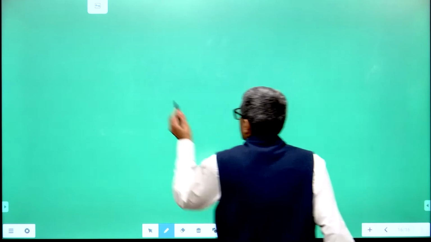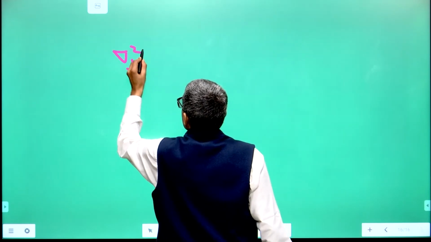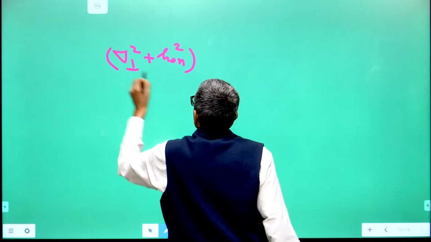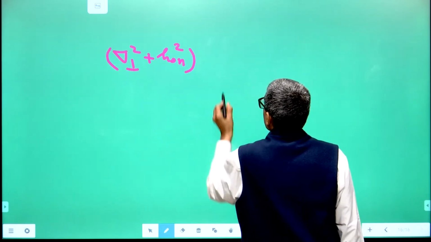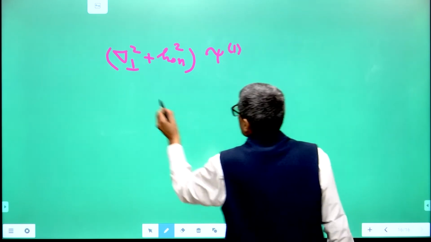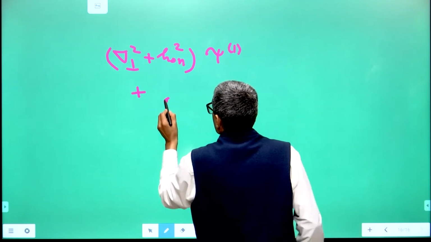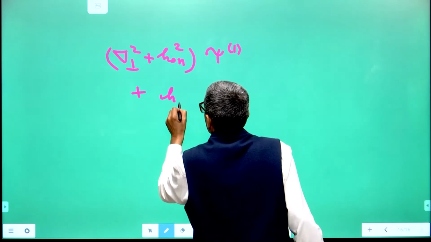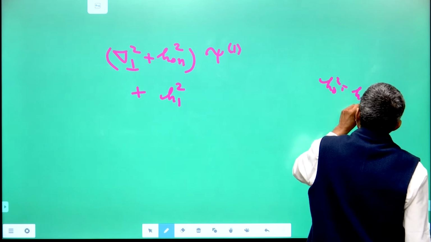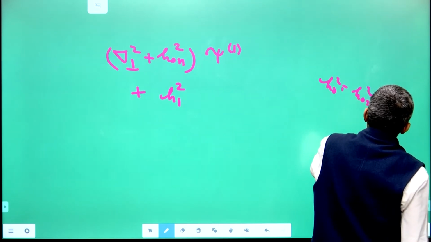If you then write down these equations as del perpendicular square plus h0n square acting on psi 0 is 0, the perturbed equation is del perpendicular square plus h0n square acting on psi 1, plus h1 square times psi 0. So, you are writing h0 square as h0n square plus delta times h1 square.